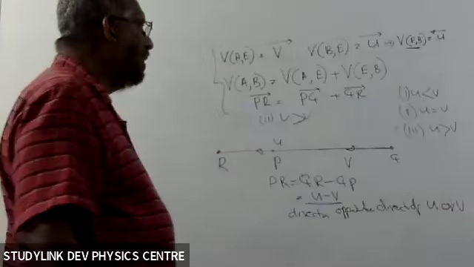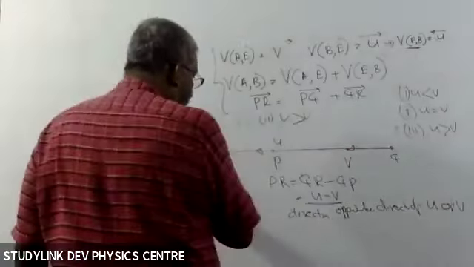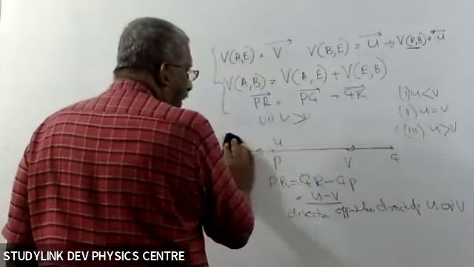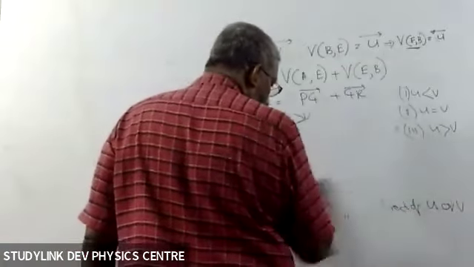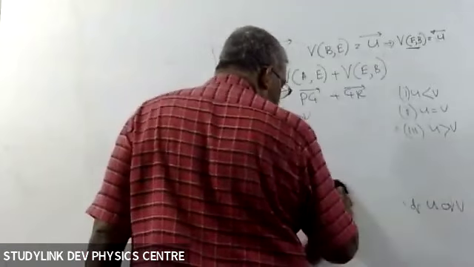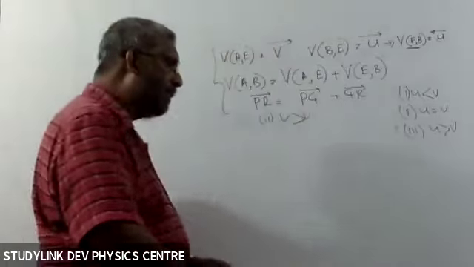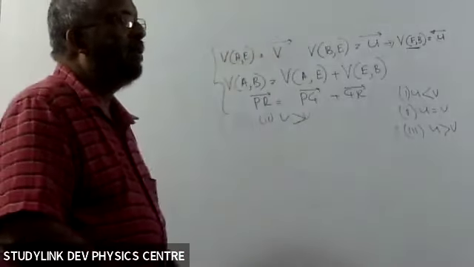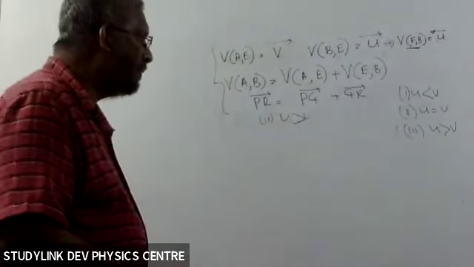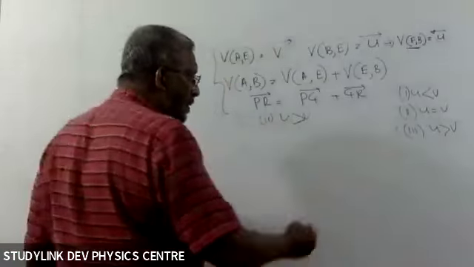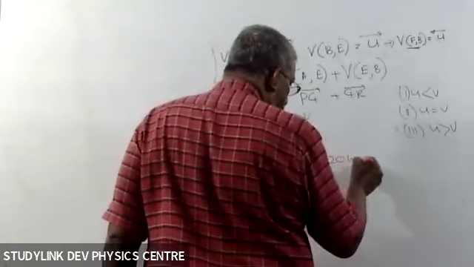Example, first one, that is for the first situation. A car is moving towards east with a velocity of 20 m s minus 1.